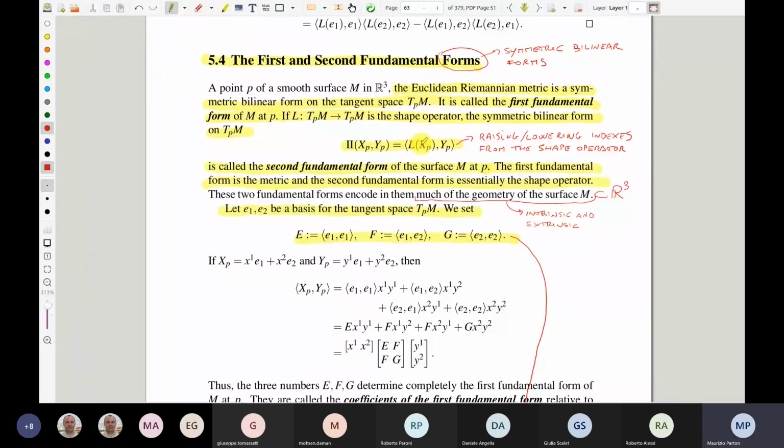Okay. These two fundamental forms encode much of the geometry of the surface contained in R³. Why did I add contained in R³? Because the geometry of the surface M can let you think about just the intrinsic geometry. When I say the geometry of the surface M contained in R³, I'm saying that I'm also interested in the way this surface is contained in R³.